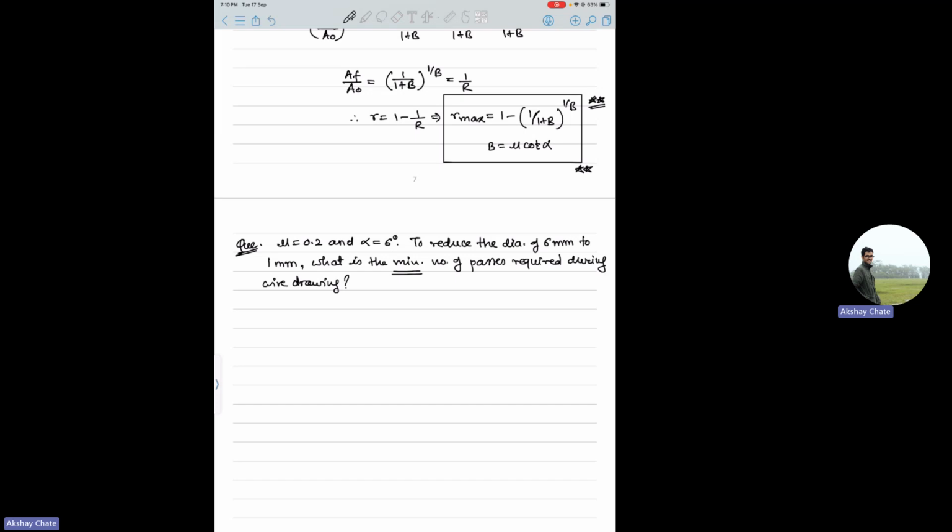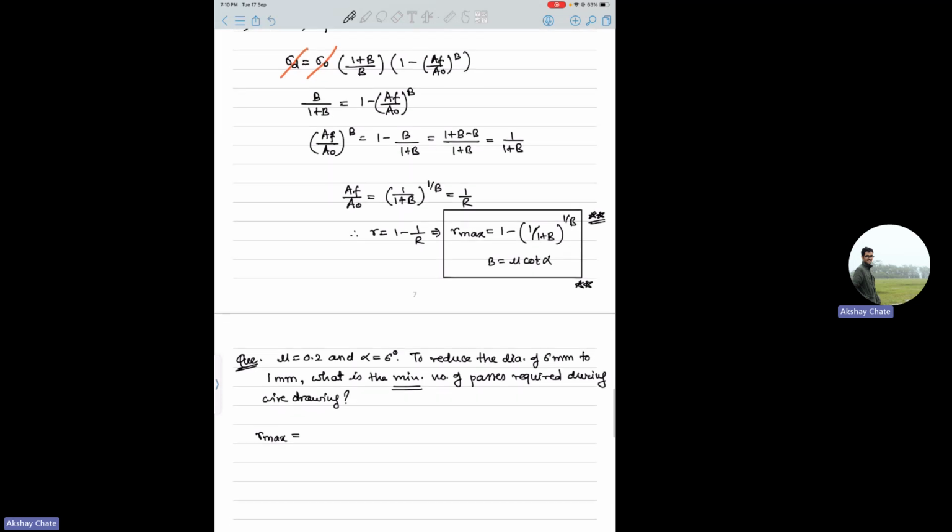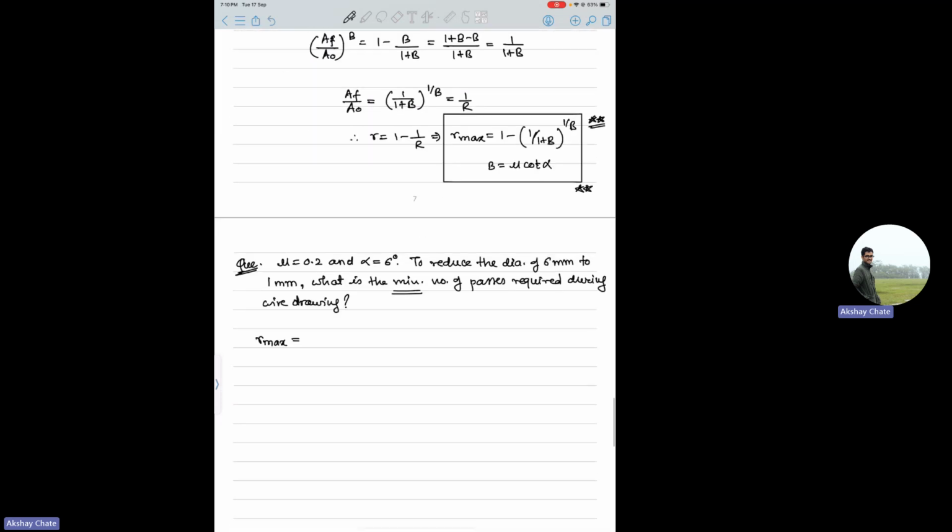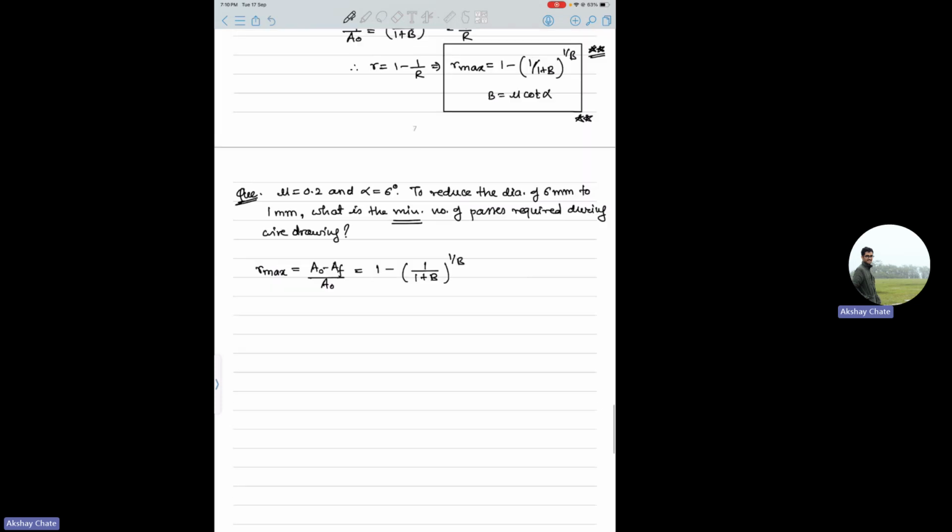R max, R is nothing but the fractional area reduction, so (A naught minus A F) by A naught is your R, and that is maximum for 1 minus (1 by (1 plus B)) whole power 1 by B, and B is mu cot alpha. So let's first calculate mu cot alpha. That will be 0.2 into cot alpha.